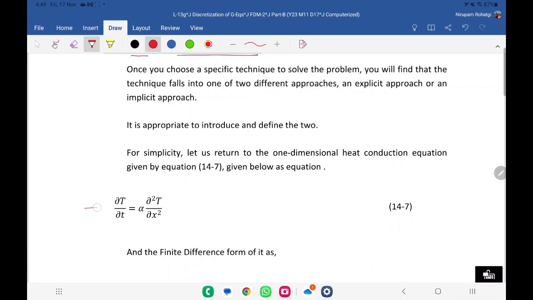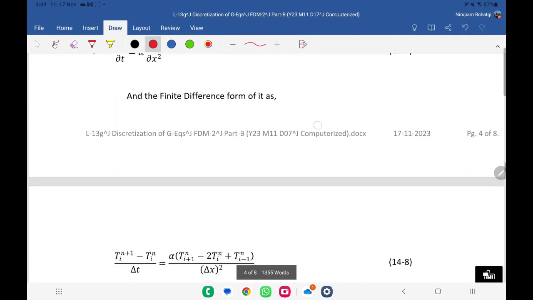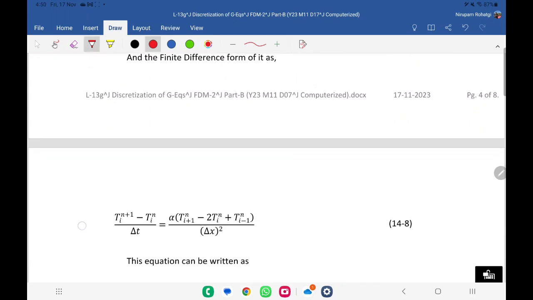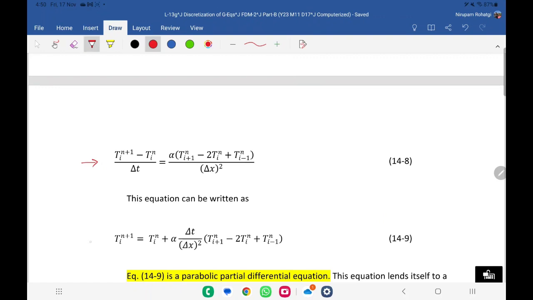We have this equation, and we have the finite difference form like this. Up to this point we have already done, okay. Now this equation can be written like this. Now what we are doing is, there is only one term here which is n plus 1.